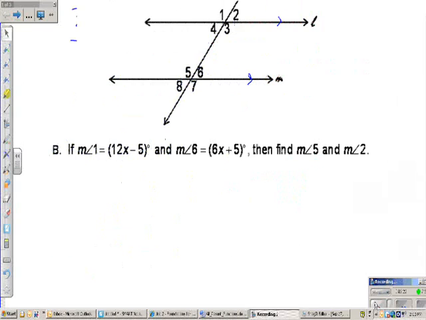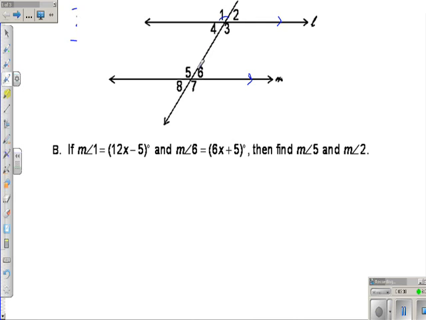Okay? Now, on this one, we're looking at the measure of angle 1 and the measure of angle 6. Well, those don't have a relationship. But you know that the measure of angle 1 is congruent to the measure of angle 3 because they're vertical angles. Okay? And then you know angle 3 and angle 6 are same side interior or consecutive interior angles.